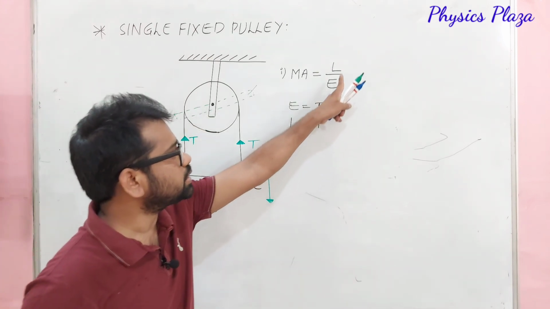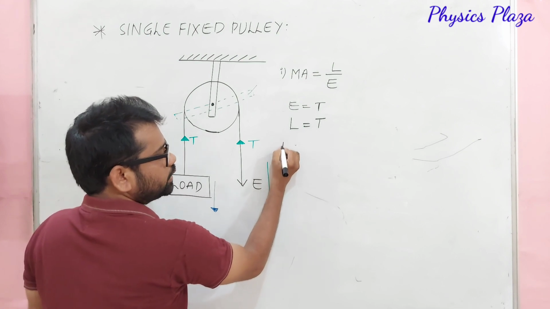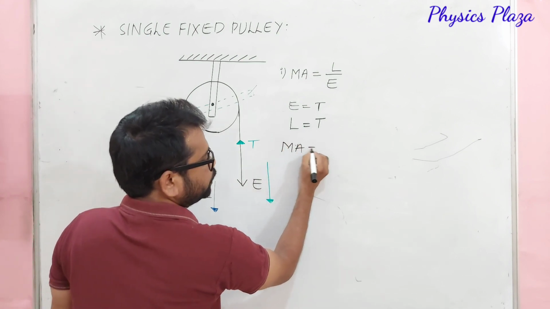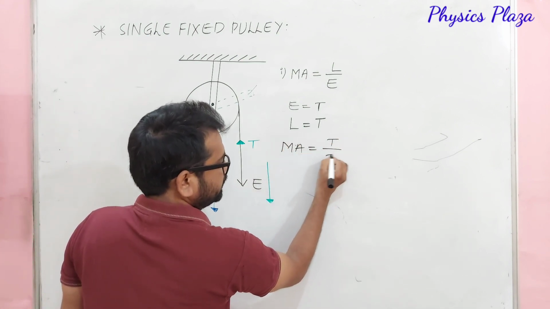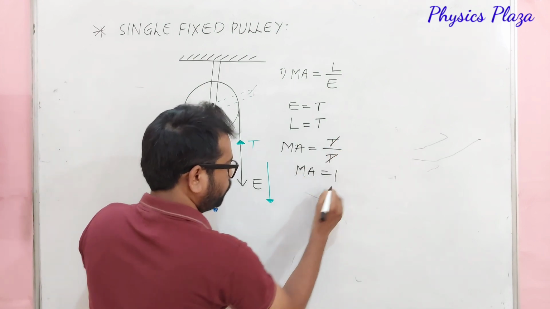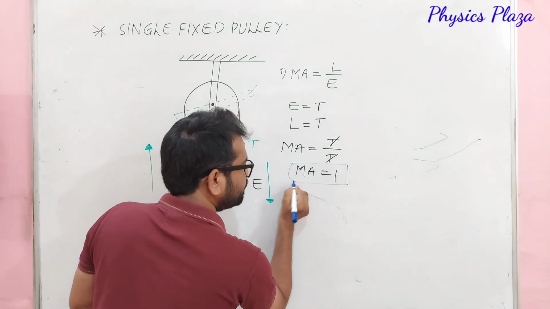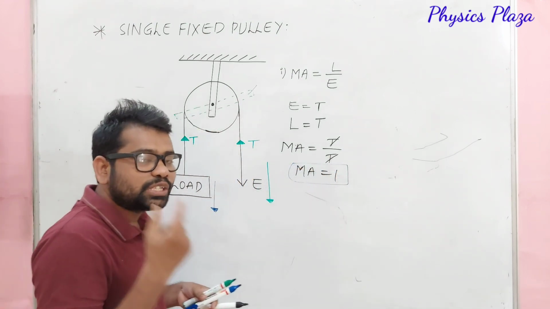Now substitute T and T in the place of load and effort. Then what do we get? Mechanical advantage is equal to T by T, which gets cancelled. So what did we get, children? We got 1.